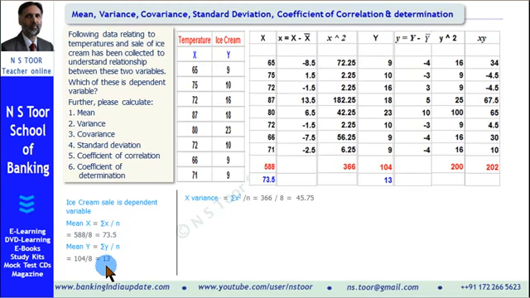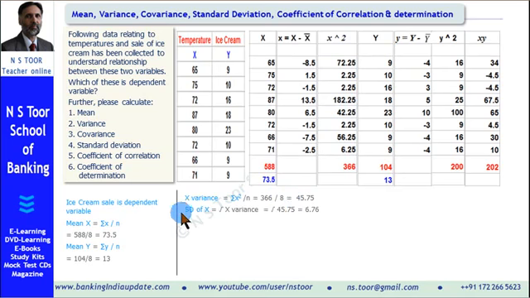Then we shall calculate variance of x. X variance. How do we find? x square, the small x. So here we got the summation of x square 366 divided by number of observations. When we divide this value by number of observations, we get the variance of that particular variable.